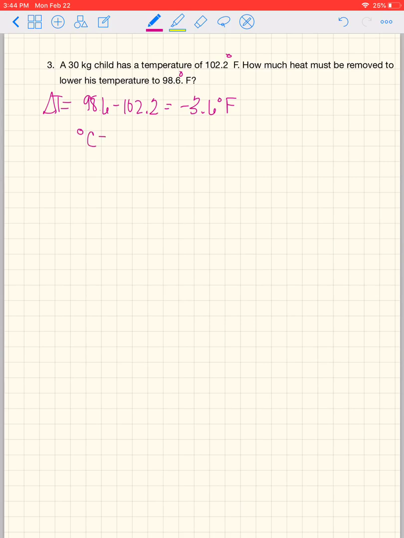Degrees Celsius then is going to be negative 3.6, and the ratio of difference between Celsius and Fahrenheit is 5/9. So my degrees Celsius then is going to be a negative 2.0 degrees Celsius. If you're having a hard time seeing this, let me know, and we can talk through where that came from.